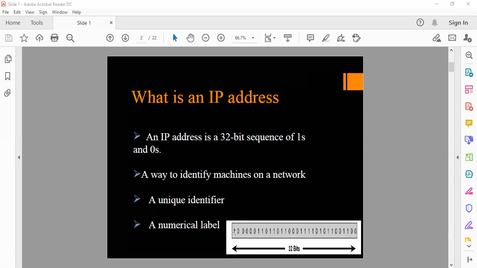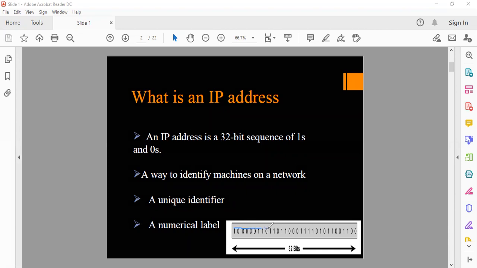Similar to that, 0 1 0 0 and so on. If we see that, suppose 1 2 3 4 5 6 7 8, it means it is one octet.